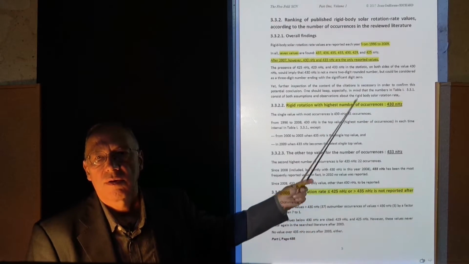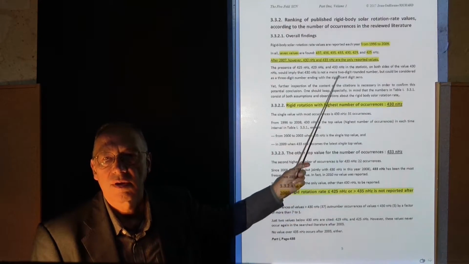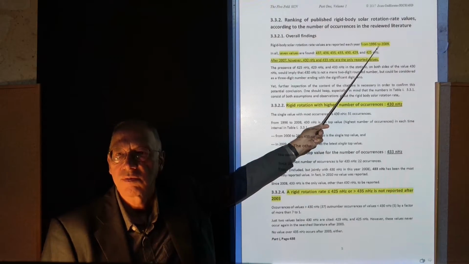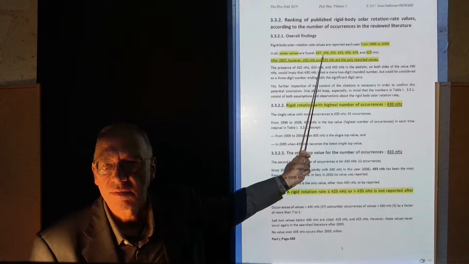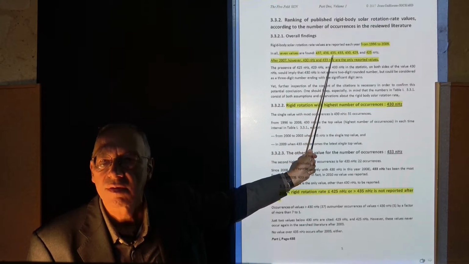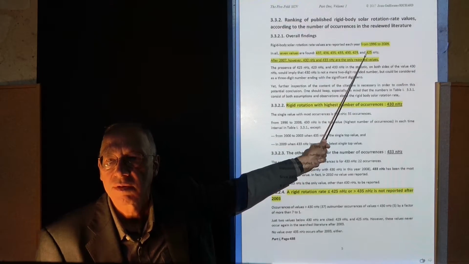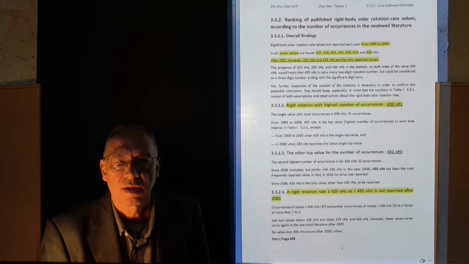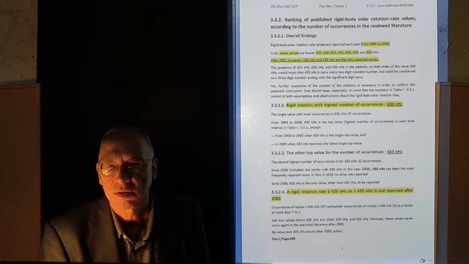If we now look at a ranking in decreasing order of the 7 values that were reported from 1996 to 2009 in the literature, these are 437, 436, 435, 433, 430, 429, and 425, at least as far as I could locate such statements in the literature via internet searches and paper literature searches.